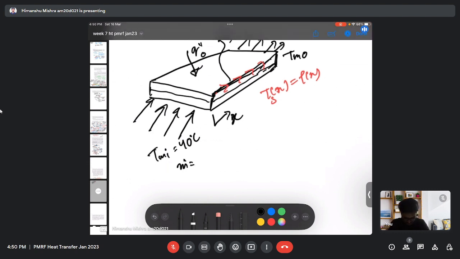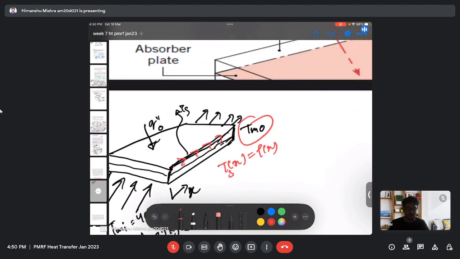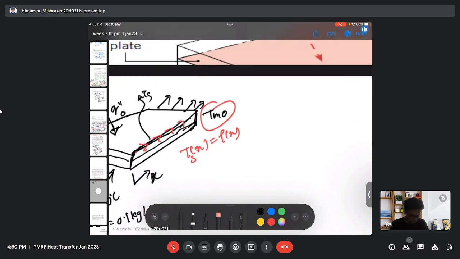My mass flow rate is 0.1 kg per second, and we need to determine the outlet mean temperature here. So let's consider the small element.